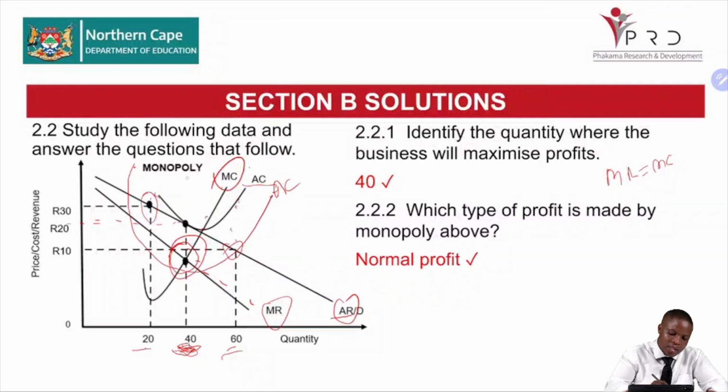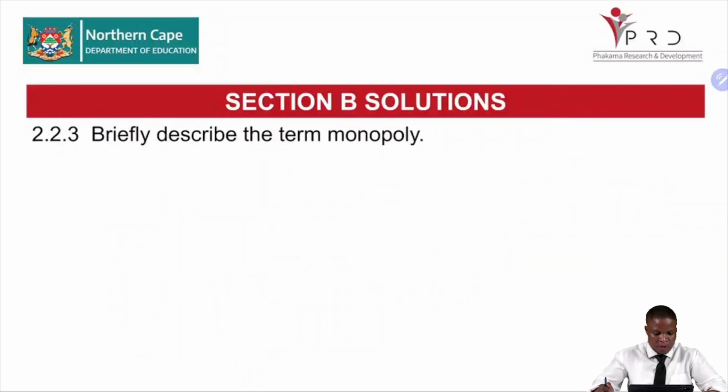If the AC was up, it was going to be economic loss. So what is guiding us here is the AC. If the AC touches AR, normal profit. If the AC is above AR, economic loss. If the AC is below AR, economic profit. That's how you get to see this type of profits.